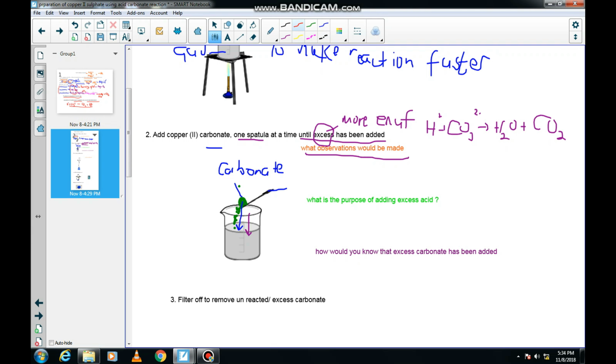Because of this carbon dioxide gas that is produced, we will therefore observe bubbles, bubbles indicating the production of a gas, bubbles of carbon dioxide. Each time we add the carbonate into the acid, the carbonate will be used up. Therefore, we will also observe the carbonate decrease in size.